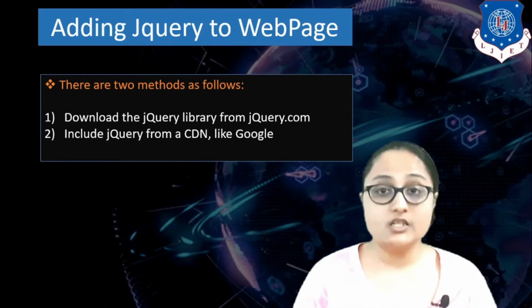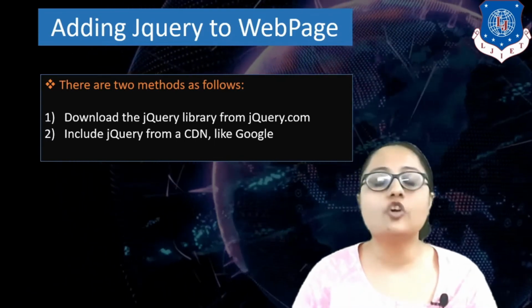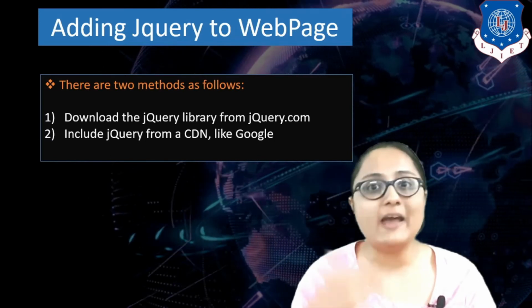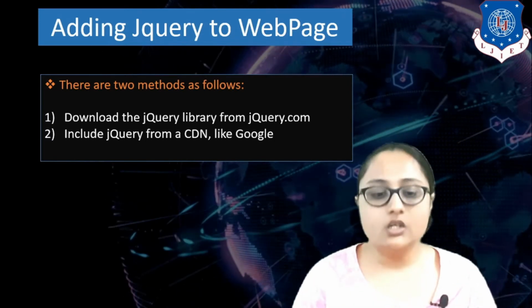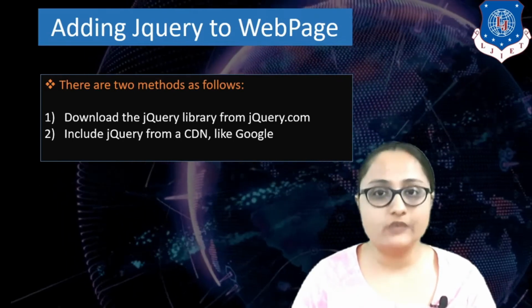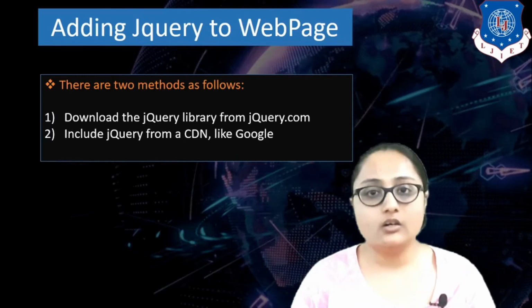The second method is if you don't want to download the file and include it inside your web page, you can directly include the web link. Google and other service providers provide you a direct web link which you can include in your web page.